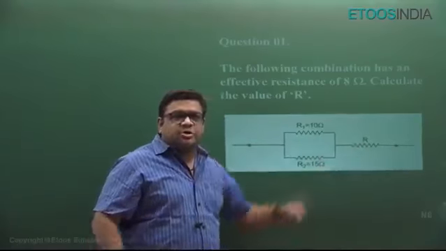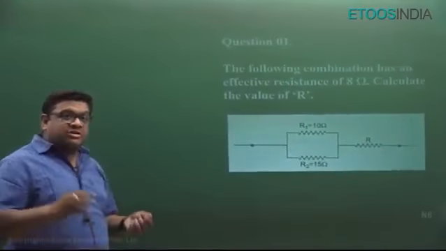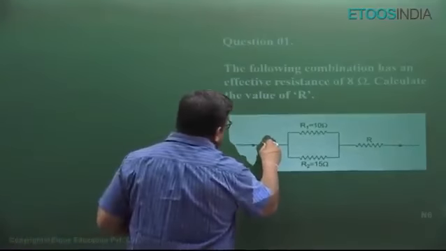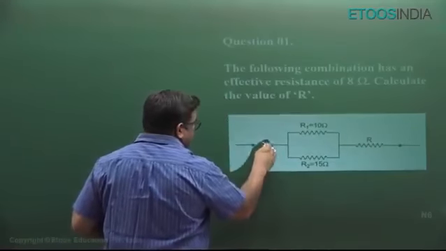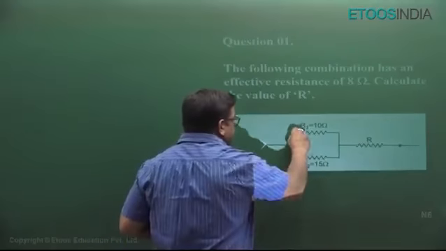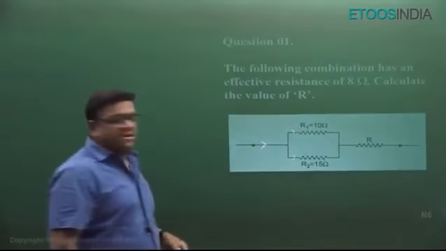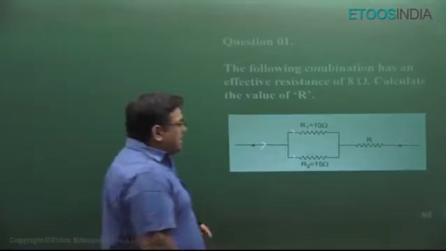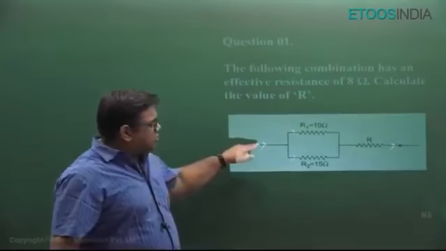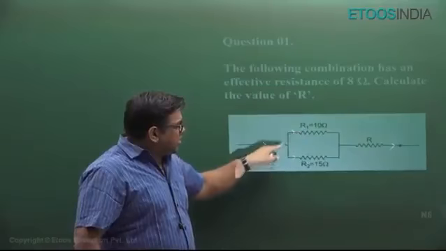See here. First of all, let's see what the basic figure says. It says that the current is passing from here. It goes and bifurcates over here. Is it clear? Now it has to come to this point, and we know that whenever it starts going from there, there are two ways to follow.